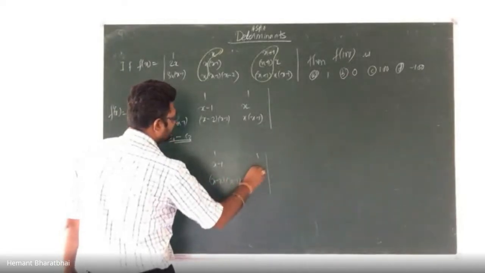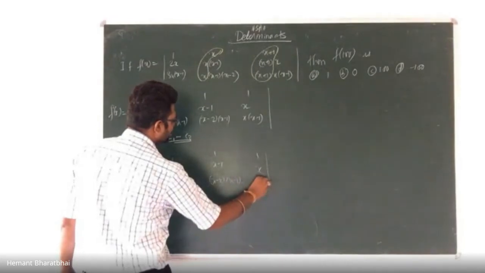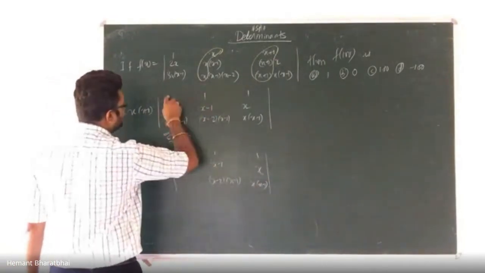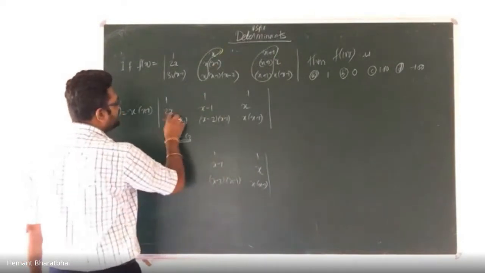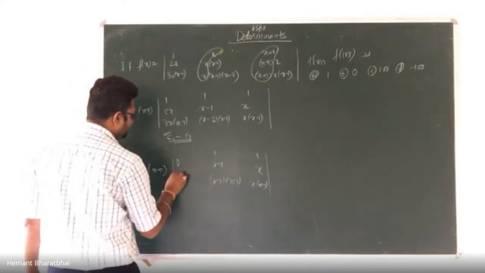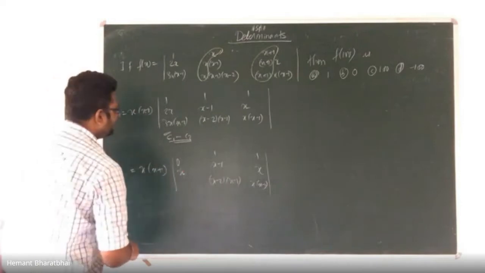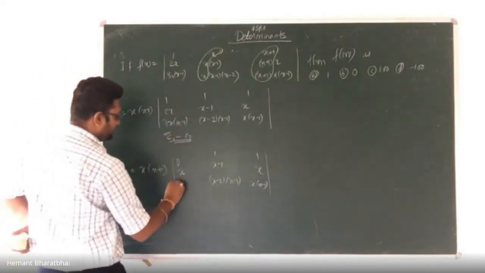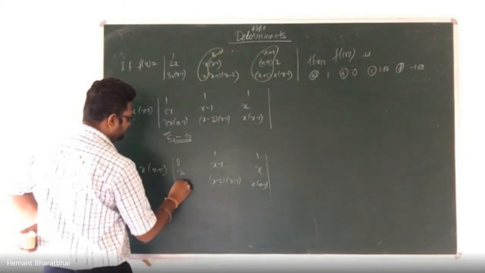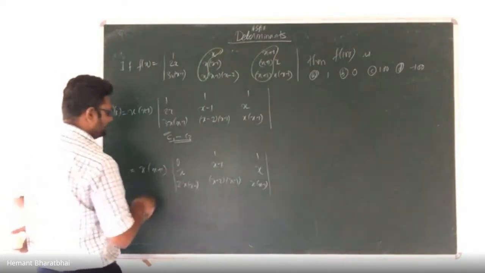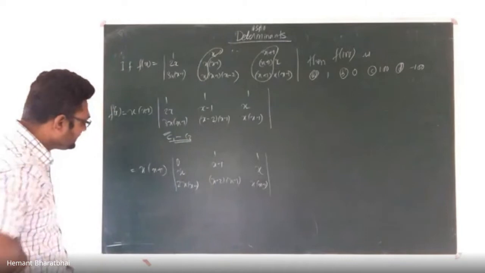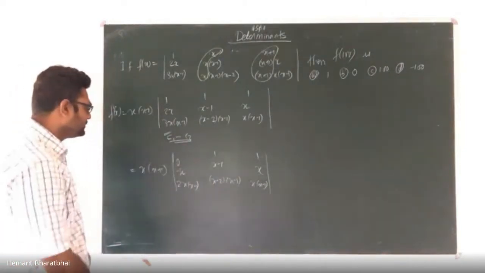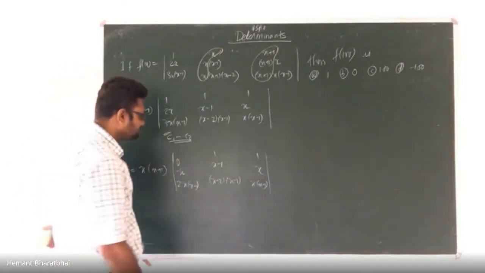This is 1, x, x into x minus 1. Now when I subtract 1 minus 1, that will become 0. 2x minus x, so that will give me x. And then 3 into x minus 1, so this will give me 2 into x into x minus 1. So here I have got 0.